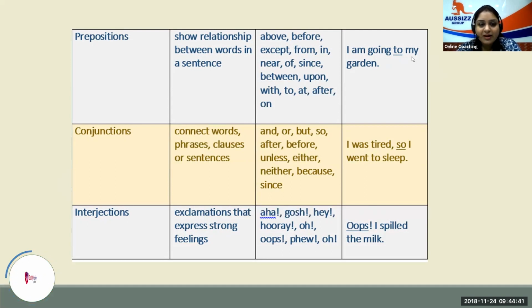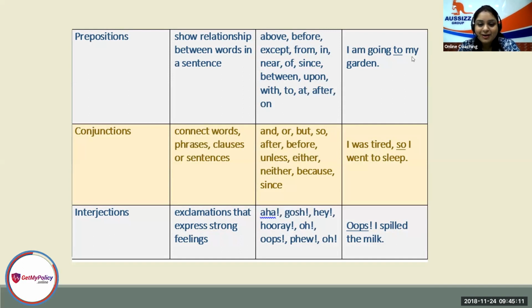Okay, so compound sentences, fanboys. What is fanboys? F for, A and, N nor, B but, O or, Y yet, S so. Fanboys are the conjunctions which actually help you. If you're using them in the IELTS exam, they will create compound sentences, and these fanboys help you to improve your band slightly.